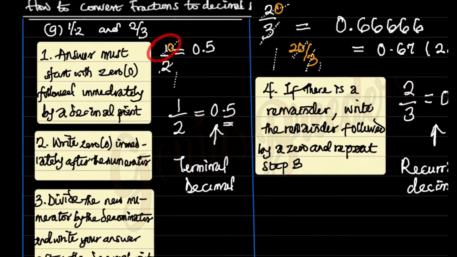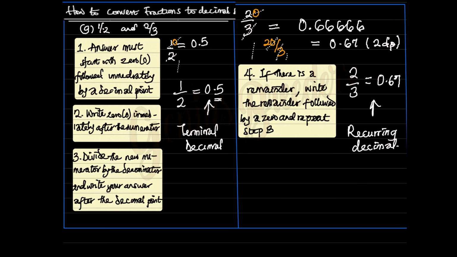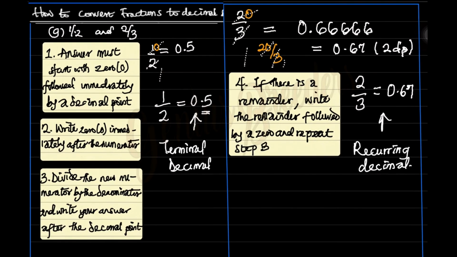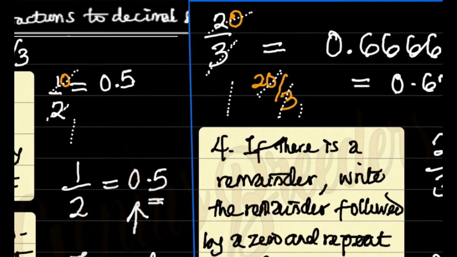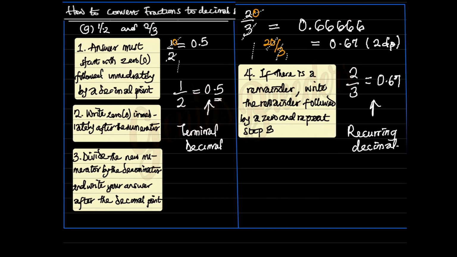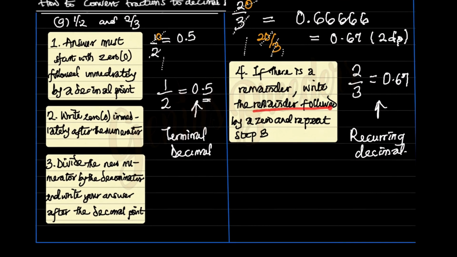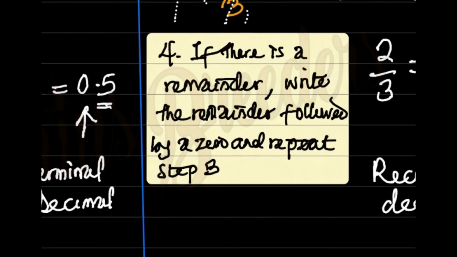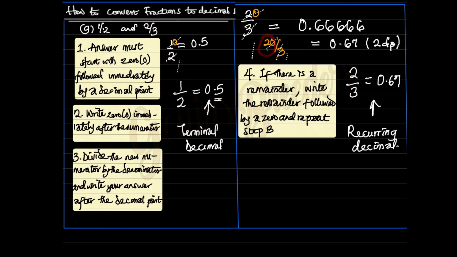So you have your 10 divided by 2 giving you 0.5, and that gives you the answer. But if there is a remainder, as in the case of 2 divided by 3, you write your remainder followed by a 0 and repeat step 3. So you have your 20 divided by 3 again, giving you your 6. And since you're going to be having 2, just like you have your 2 in the original fraction, then definitely you'll continue to have 6, 6, 6, 6 continuously. Approximately that'll give you 0.67.